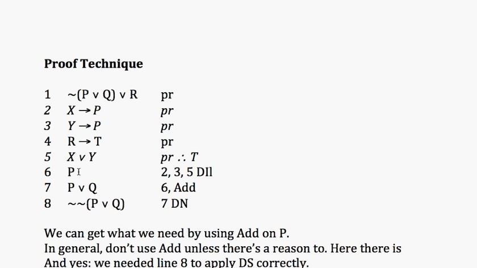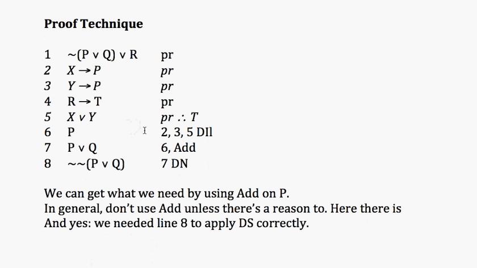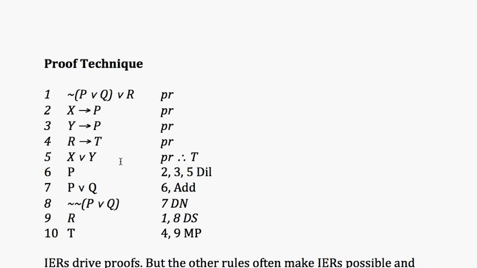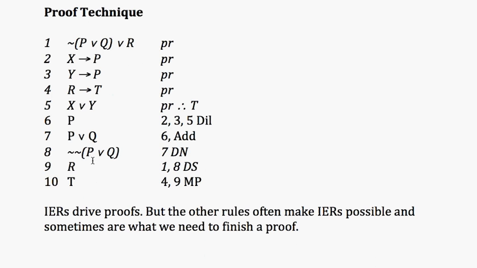So this is one of these cases where you have to keep this pesky rule of addition in mind, and then by double negation, we can get what we need to apply the disjunctive syllogism step. Let me just move this up a bit. So yes, we really do need the double negation step here. And once we do that, we can get R from 8 and 1. And once we have R, we can get T.